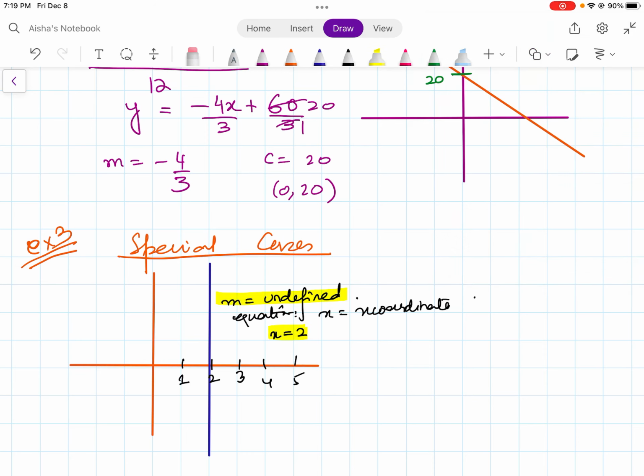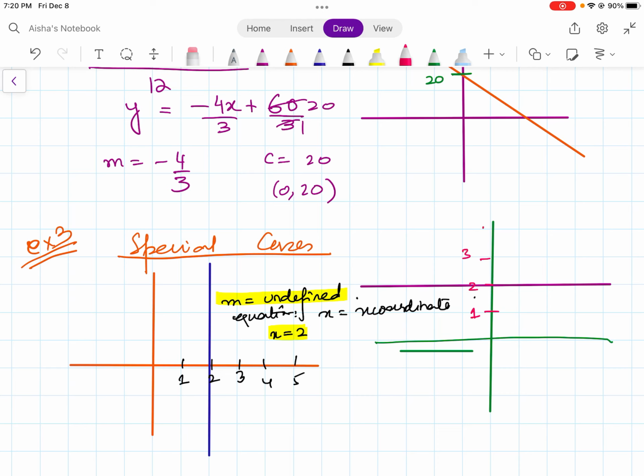And the next is a horizontal line. This is 1, 2, 3 and 4. The gradient is 0 here and the equation of the line will be y equals 2, which is y equals the y coordinate. Okay, so with this we're done with the equation of lines.